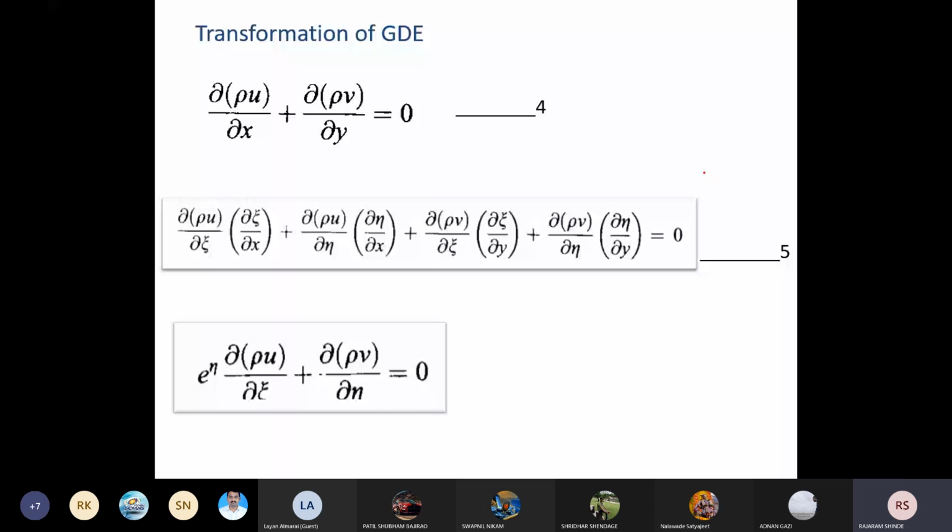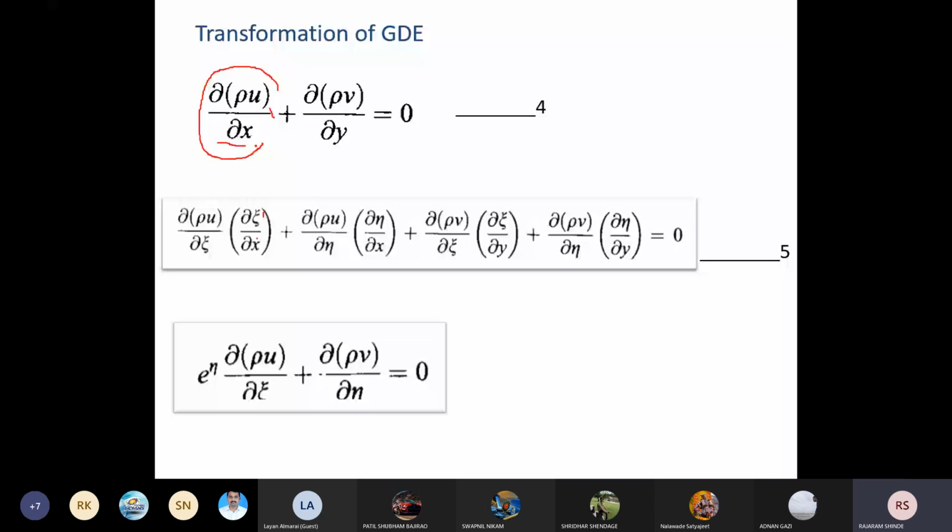Now, you have this continuity equation in the physical plane, and we need to transform this into the computational plane. First we have to transform the derivative. How can we transform the derivative? This is dou rho u with respect to dou xi into dou xi by dou x. This differential term we have replaced by this and this one, plus dou rho u with respect to dou eta into dou eta by dou x.